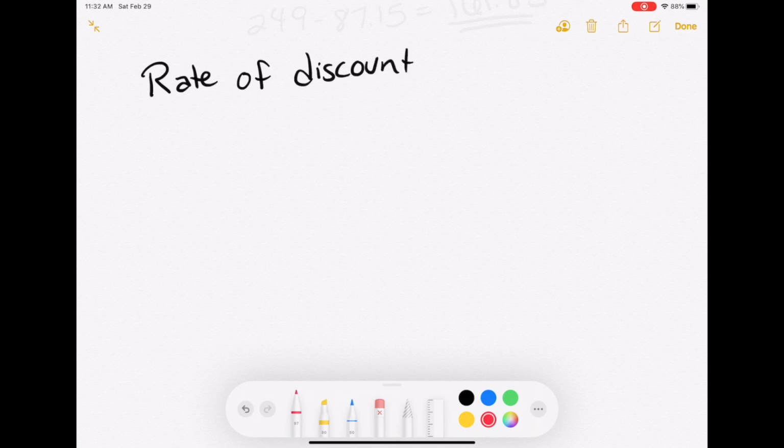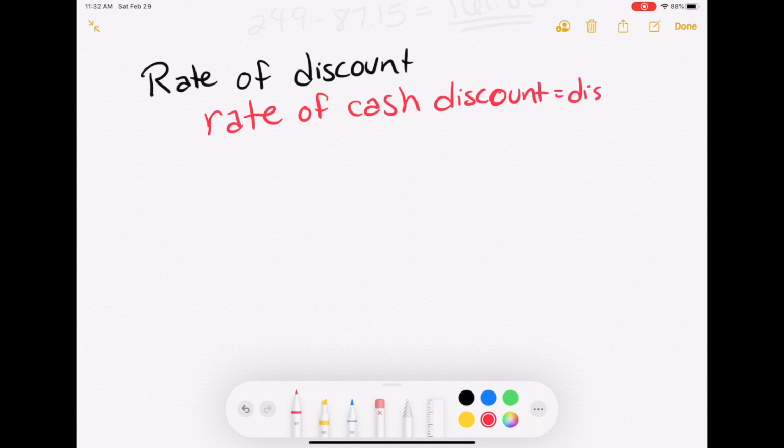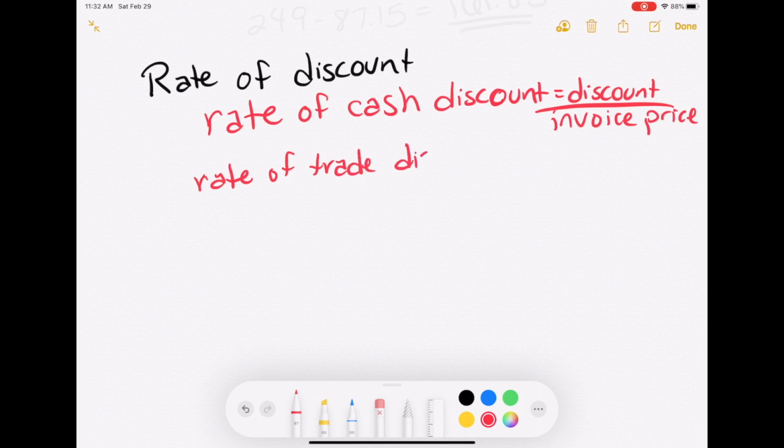And to find that, the rate of cash discount, they are a little bit different, equals the discount divided by the invoice price, and then the rate of trade discount equals the discount over list price. So it just depends on what they're giving you.